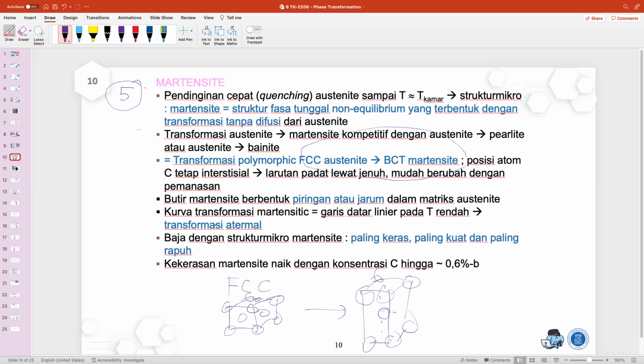Okay, and the amount of martensite will increase until this concentration.